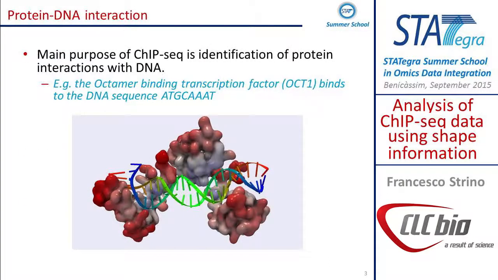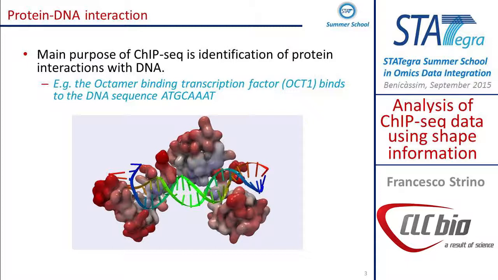So the main idea of ChIP-seq is to identify protein interaction with DNA. And typically things look something like this. If you're not used to 3D structures, the one in the field is a protein, and this would be DNA. Very often this protein will bind a specific sequence, and generally regulate transcription or do some other biological activity.